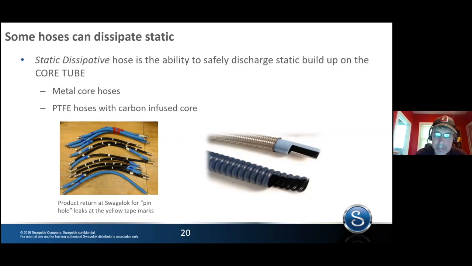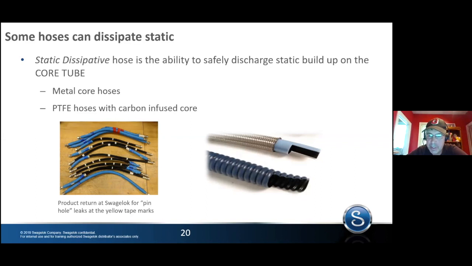But if a PTFE hose is needed, the best way to do this is with a carbon core, and this is a common product for all hose offerings. It turns the core into a black Teflon because of the carbon, like you see in the picture on the right. And the carbon's infused into the Teflon. It won't leach out. It's not a coating.